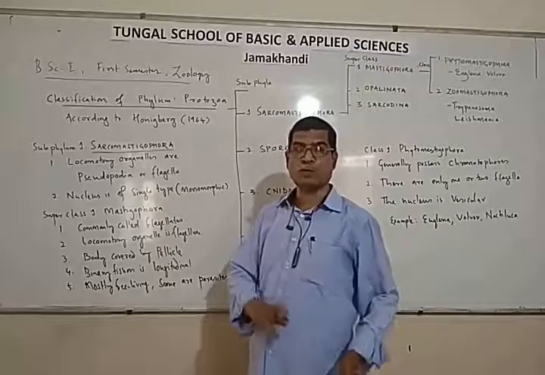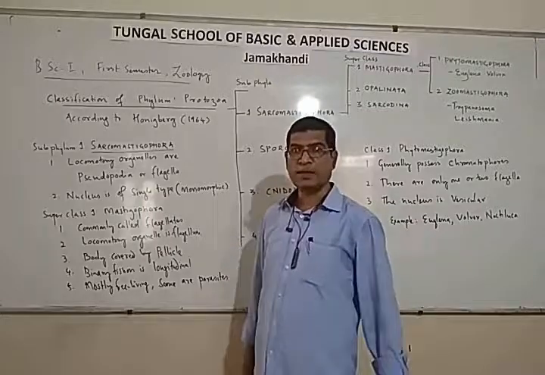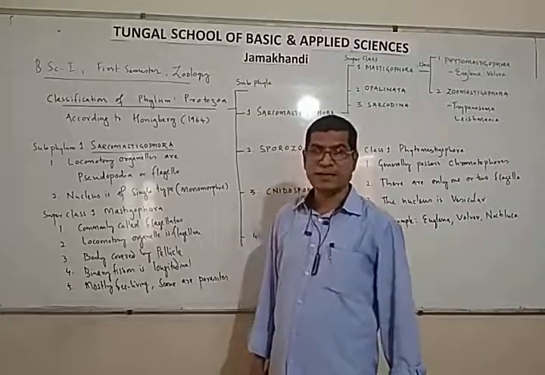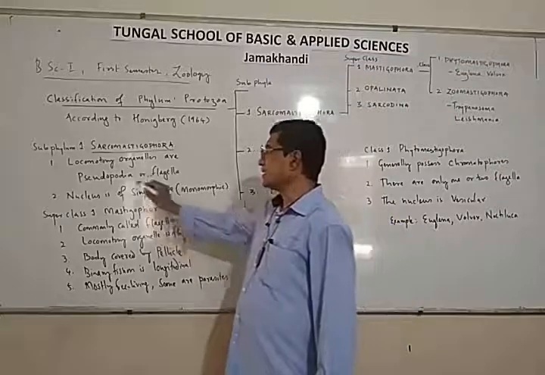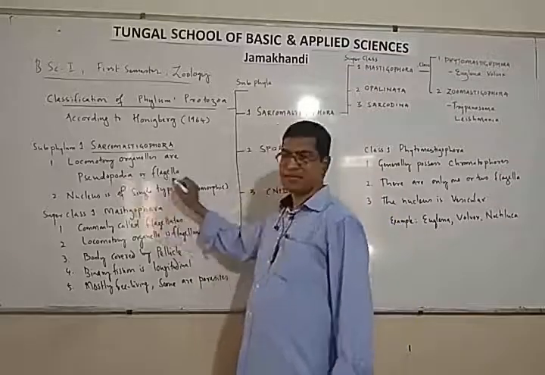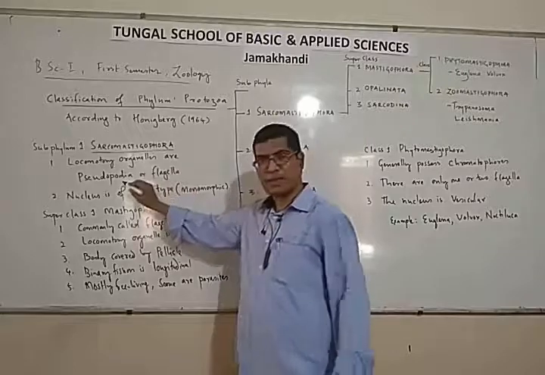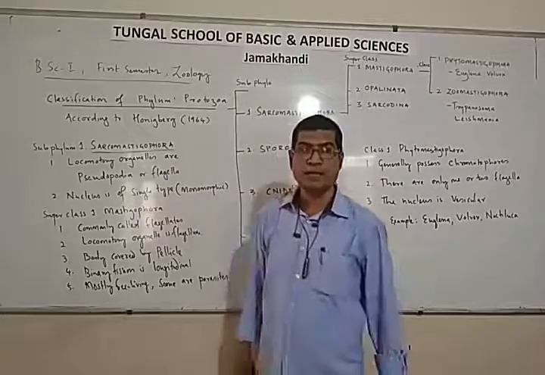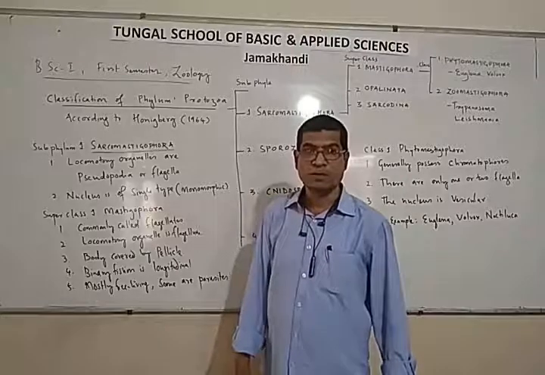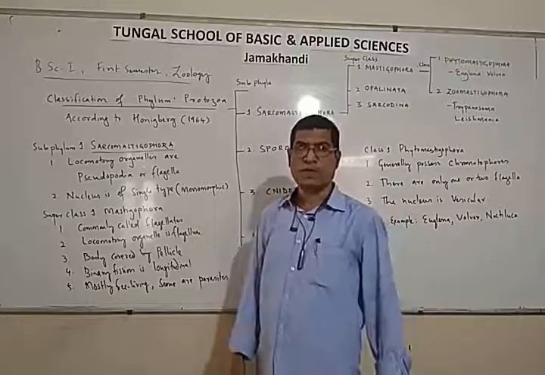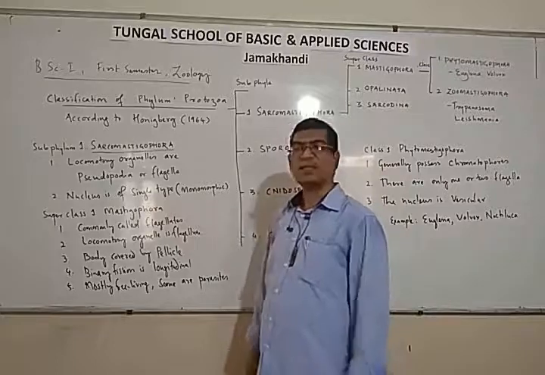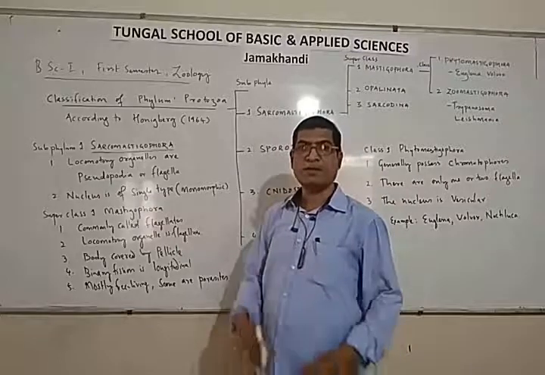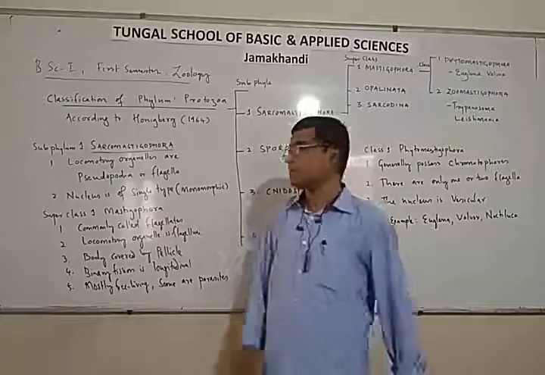They have to move from place to place. For their movement, structures are required. So these structures are either pseudopodia or flagella. So pseudopodia are present in amoeba. You know it. Amoeba has pseudopodia. Pseudopodia are temporary locomotor structures. They are developed by the movement of cytoplasm.